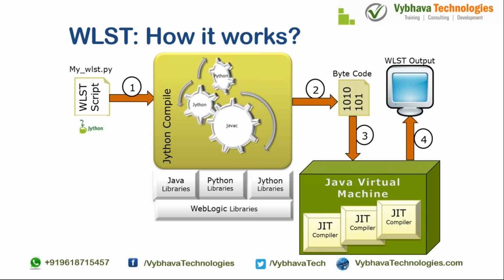The bytecodes are given to the JIT compiler in the JVM, which executes them part by part, all the commands you gave in WLST, and the output comes on the screen, on the TTY or terminal, or you can send it to any file. So these are the four important steps that take place when your WLST script works.